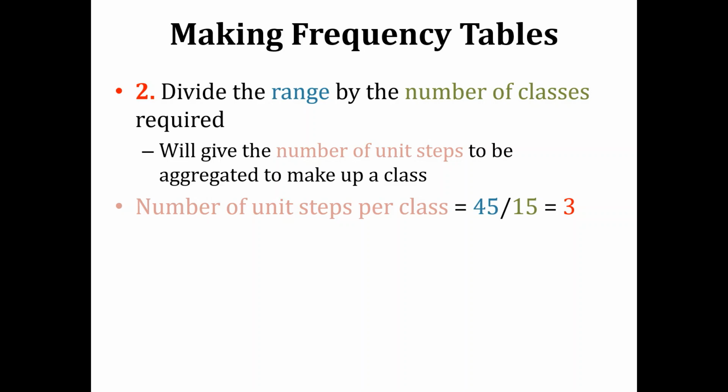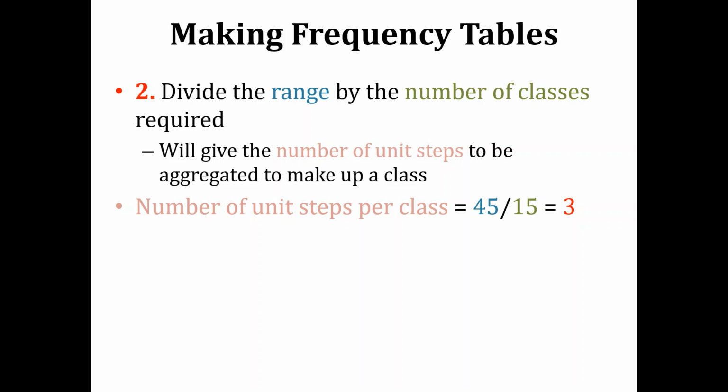What is this 3? This 3 is the number of unit steps that we are going to aggregate, the number of frequency classes that make up one category of our frequency table. In other words, we have to merge 3 frequency classes in order to make one for the table.